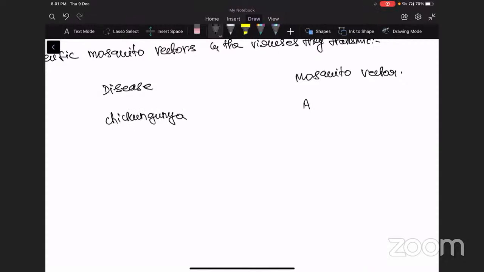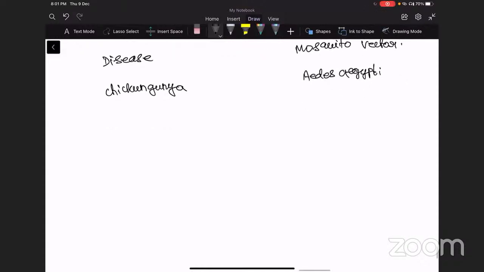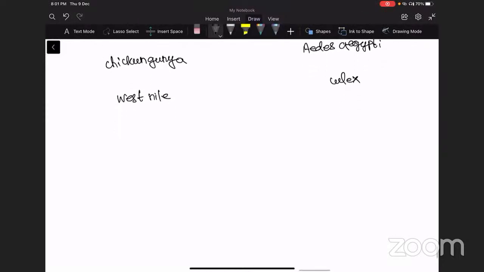Chikungunya is caused by Aedes aegypti. West Nile fever is caused by Culex. Japanese encephalitis is caused by again Culex.